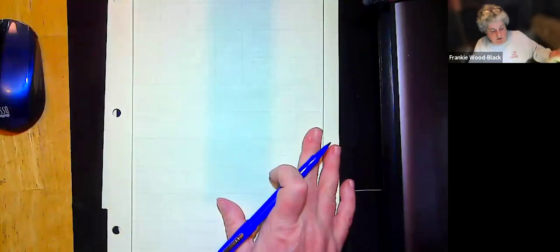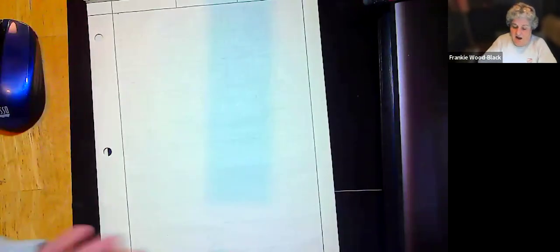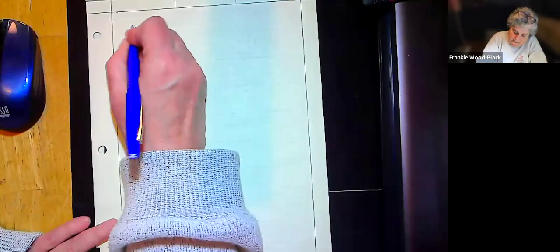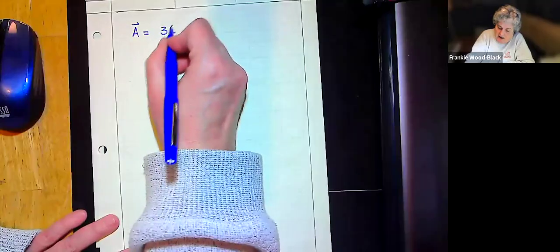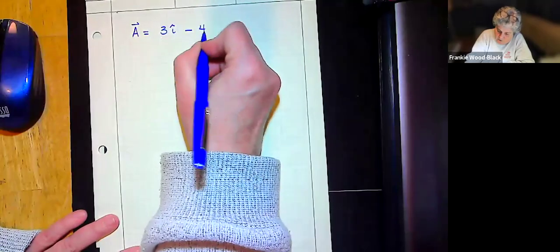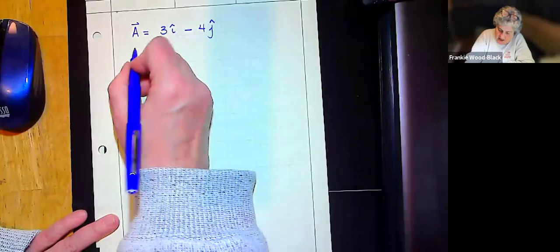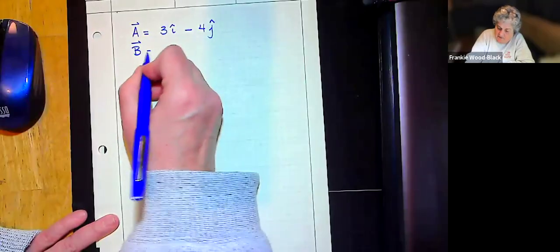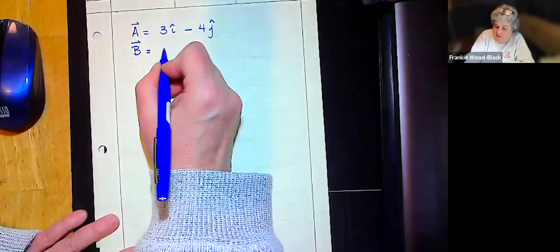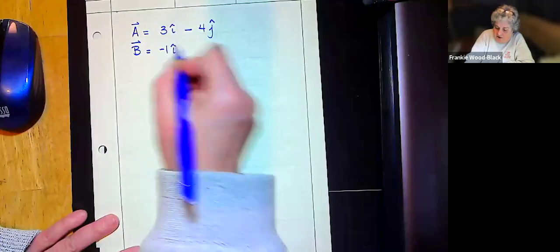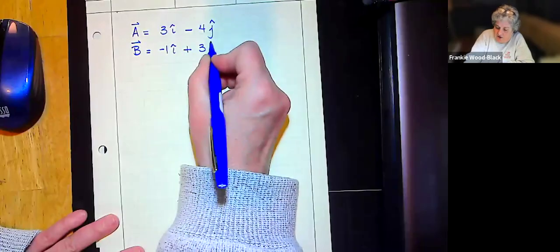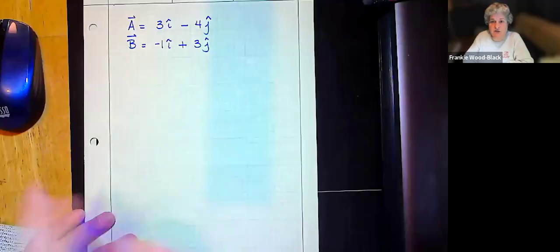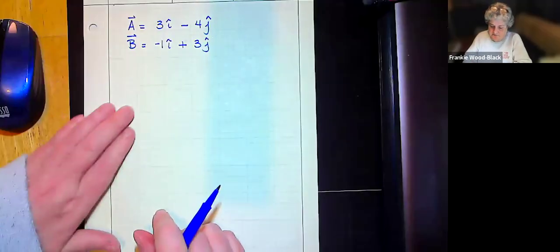So if I take vector A, and this is going to be 3 in the i direction minus 4 in the j direction, and I take vector B, and we're going to make this -1 in the i direction plus 3 in the j direction. I'm going to do it graphically.